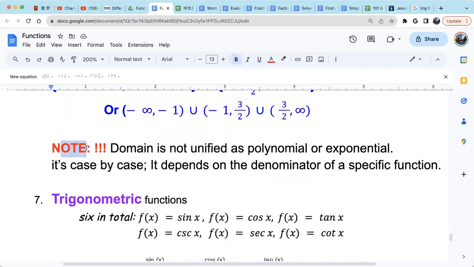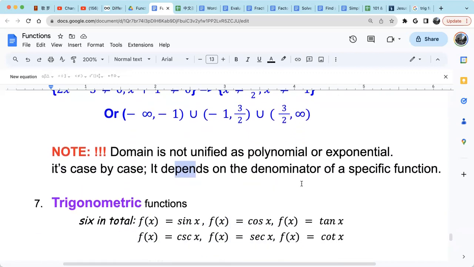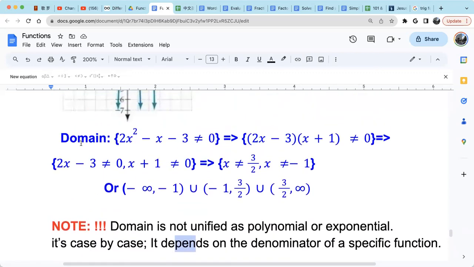So note, the domain for rational functions is not unified like polynomial or exponential or absolute value function or square root or cubic root, right? So it's case by case. It depends on the denominator of a specific rational function. So what do we do? We just take the denominator and say it is not to be 0.